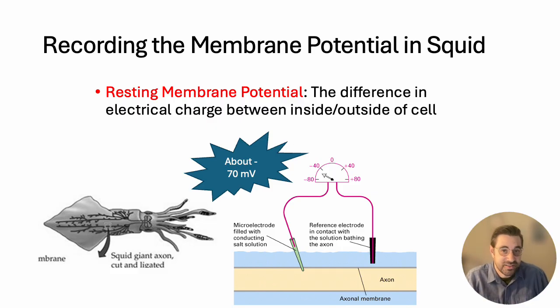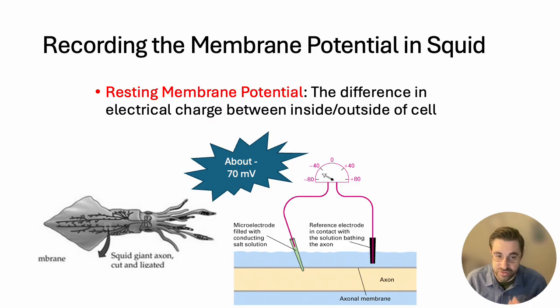The axon that sends the signal to move them around through jet propulsion is large enough that Hodgkin and Huxley were able to study it with just regular sized electrodes. And what they found was that the axon was electrically charged, or at least had a potential charge in it relative to the fluid on the outside.